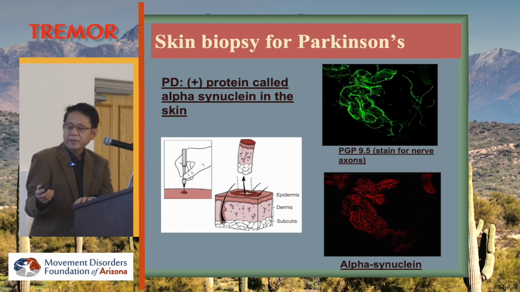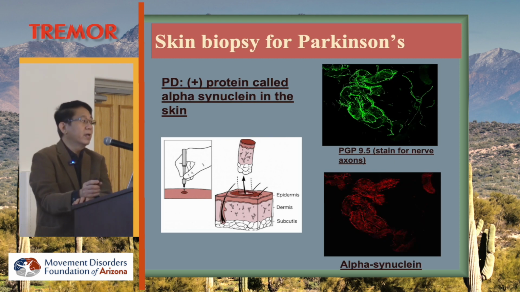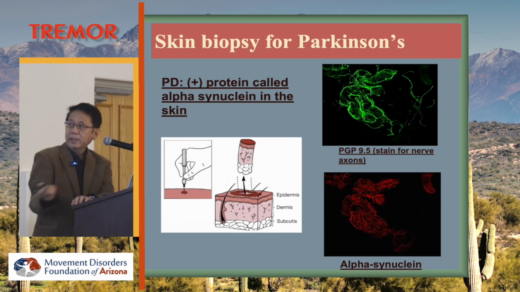And then the pathologist will use a stain called PGP 9.5, which stains for nerve axons. So whatever you see green here are the axons of the nerves from the biopsy. And then next, the pathologist will stain it for alpha-synuclein, which appears red.